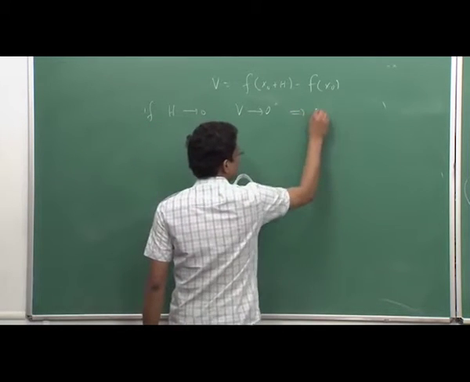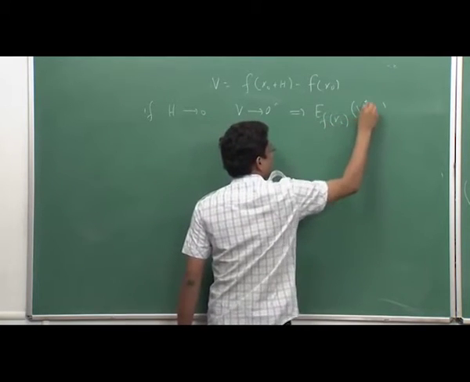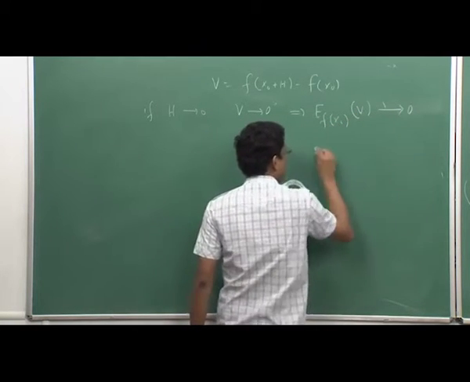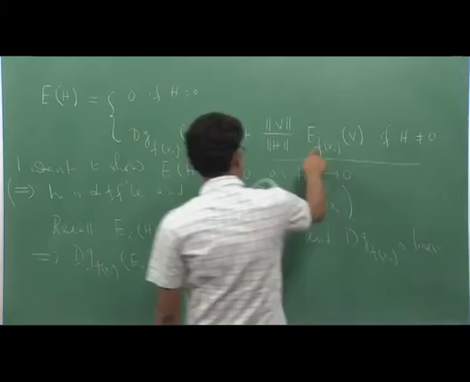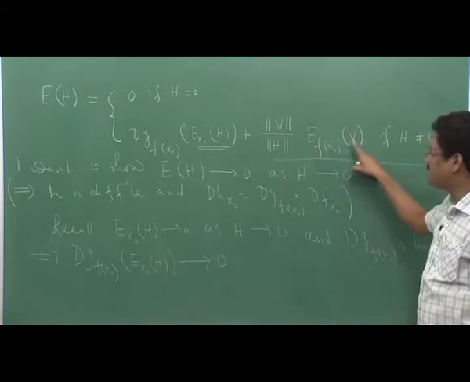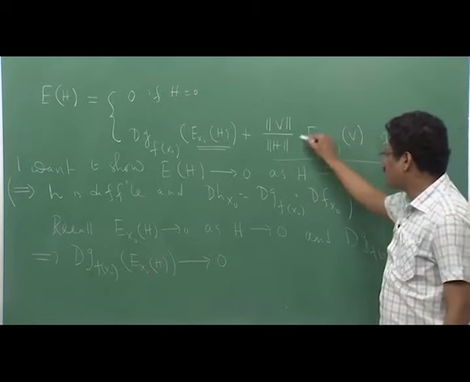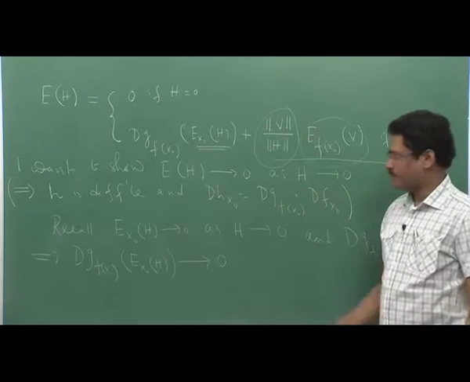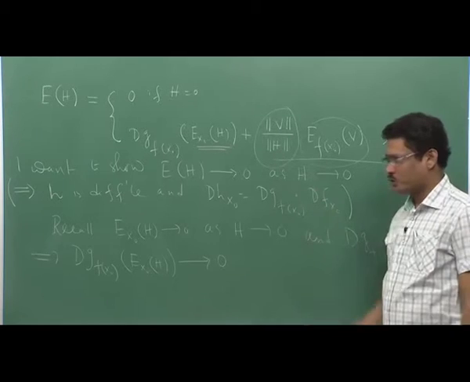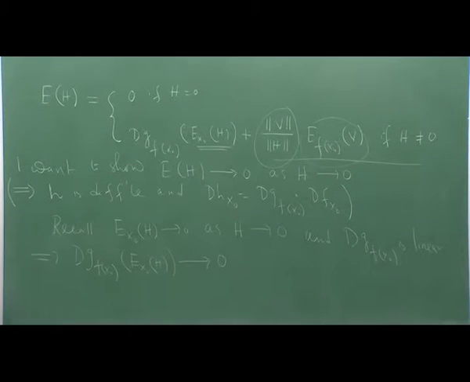So, this implies E f x naught at V goes to 0, because G is differentiable at f x naught; this comes from the error part of G. This part goes to 0, no problem, but what about this part? This something is multiplied, V goes to 0, H goes to 0. Well, here it is.